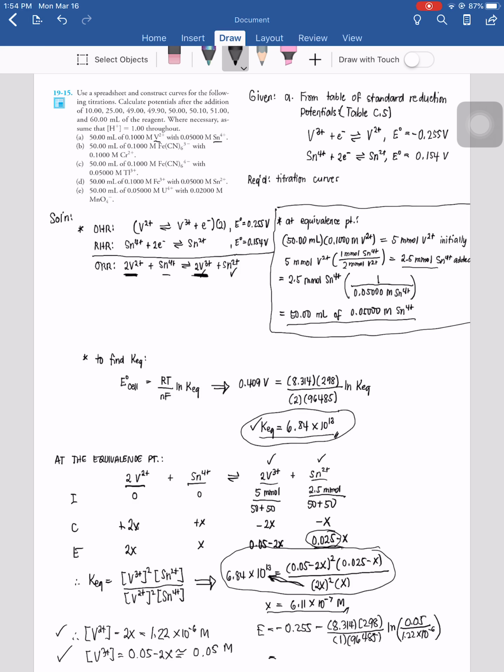So you have 0.05 divided by 1.22 times 10 to the negative 6.